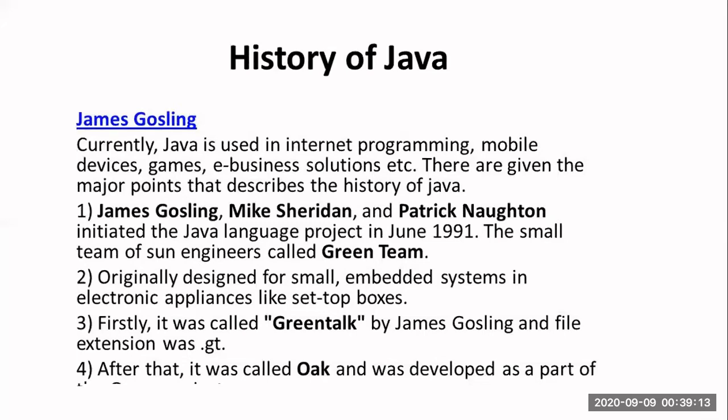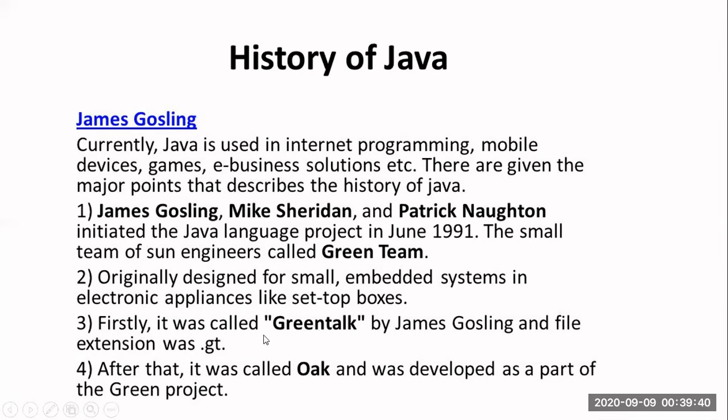And a quick revision of the history of Java. Java was introduced by James Gosling and team in June 1991. This team was called the Green Team. Before Java was introduced, before giving the name Java, they were planning for different names.